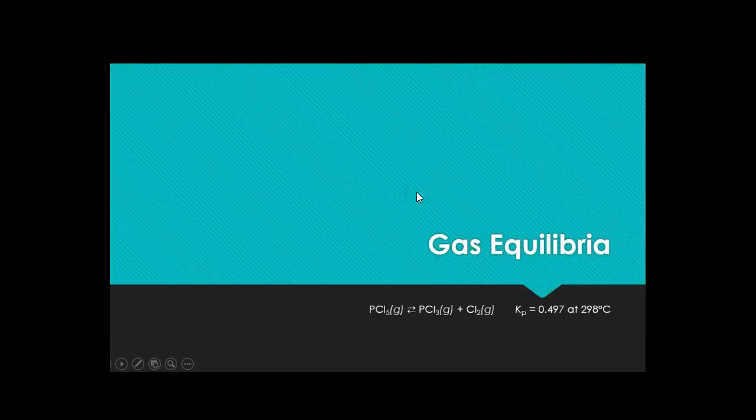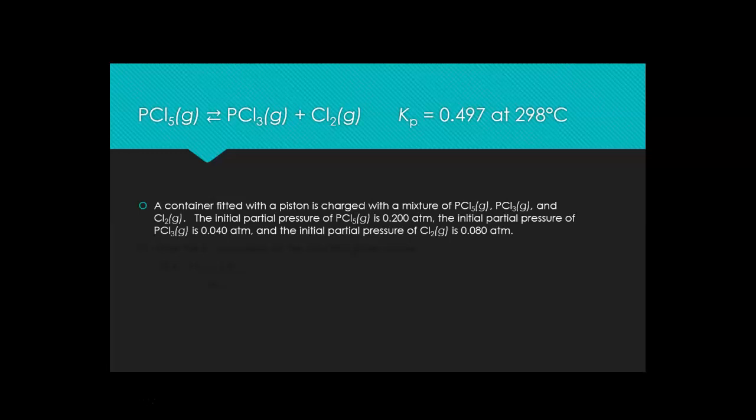Now let's go to gas equilibrium. Here is the decomposition of what I like to call pickle 5, because that's what my organic teacher called it. And you have a container with a piston, and you've got all three of these gases in it.